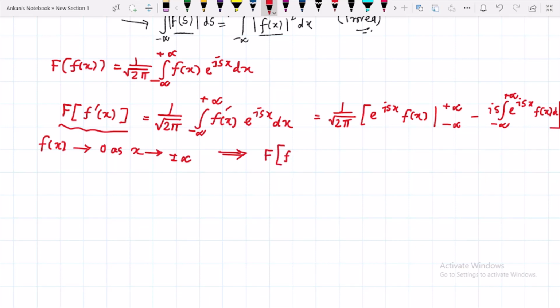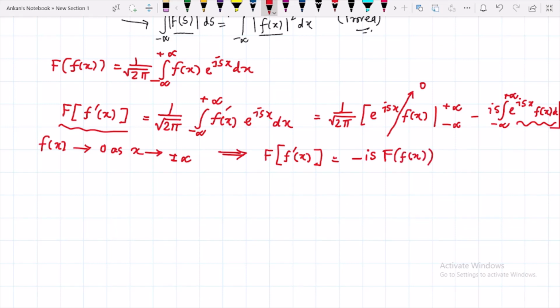F of f prime x, in this case this term will go to 0, because e to the power isx, at x equal to infinity f(x) will be 0, and at x equal to minus infinity it will be 0. So the total term will get cancelled and we only get minus is. This is what? Fourier transform of f(x). So Fourier transform of f(x).